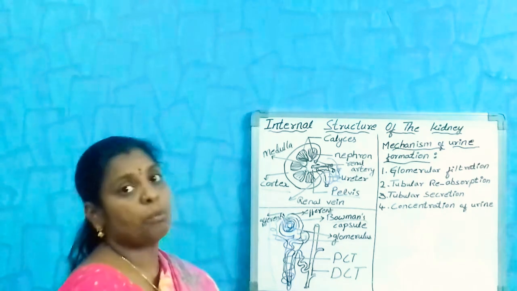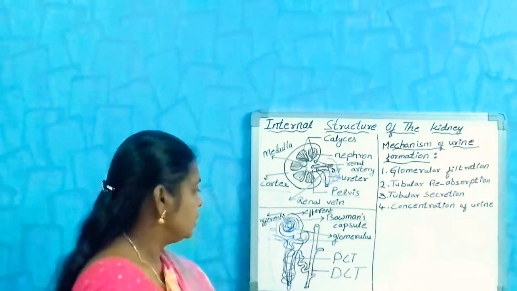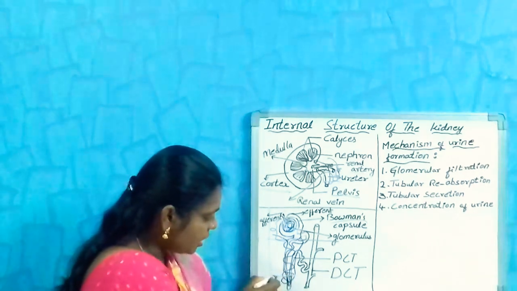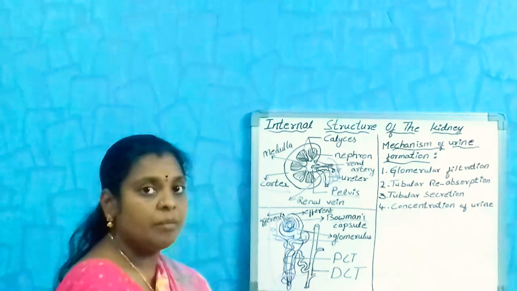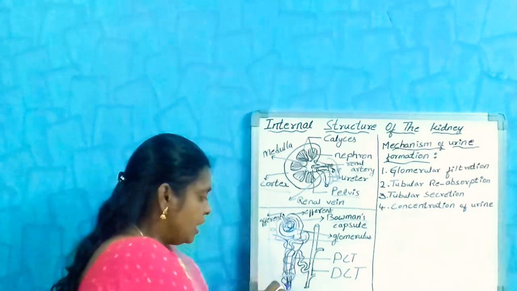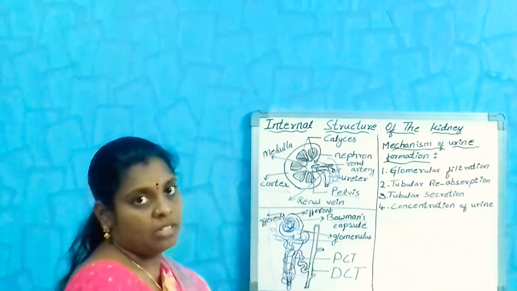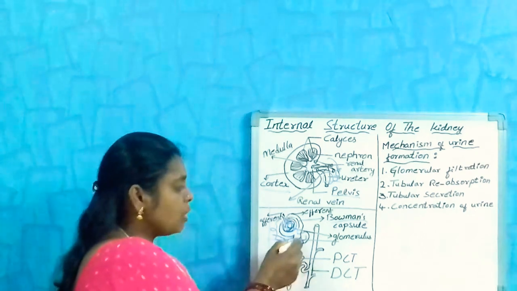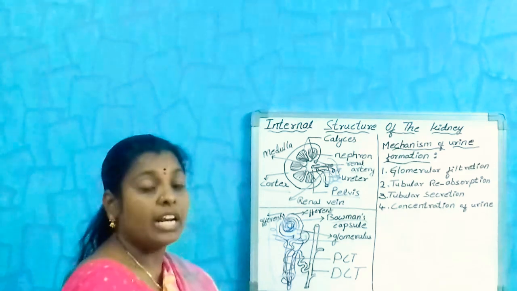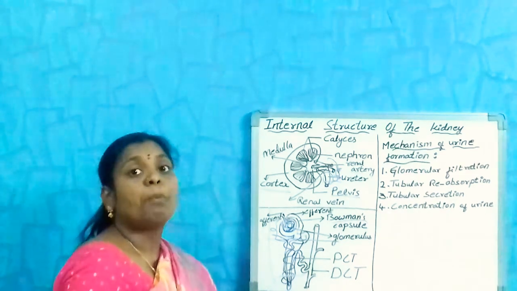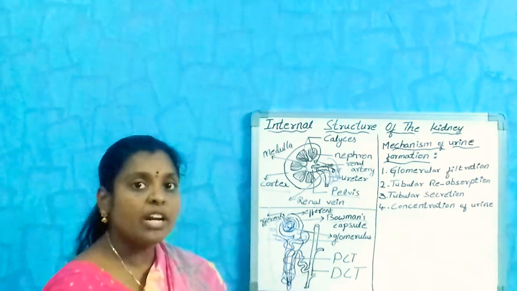Again, these renal tubules are divided into three parts. You can see here the lower part is the loop of Henle, which is narrow compared to the other two parts. The upper part, the starting point from the Malpighian body, we call it the proximal convoluted tubule or first convoluted tubule.